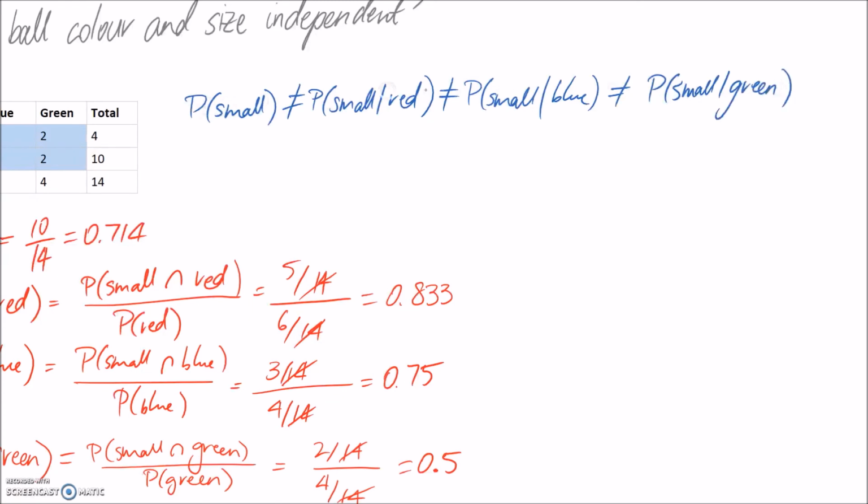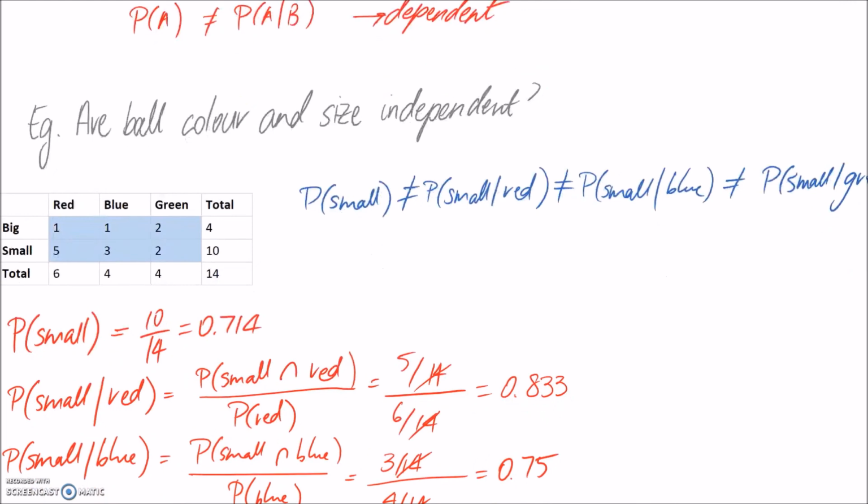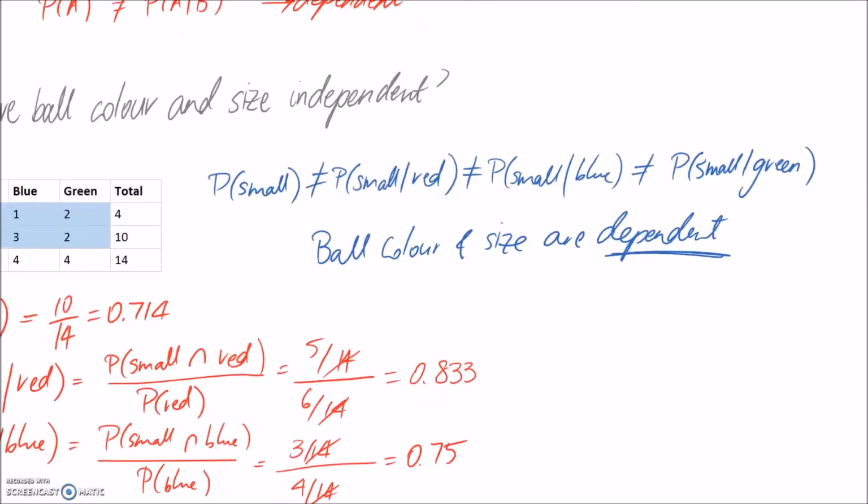Since none of these things are equal, what we've ended up with is the second case here. That means that these variables are dependent. So ball color and size are dependent. And that would be my answer to that bit there.